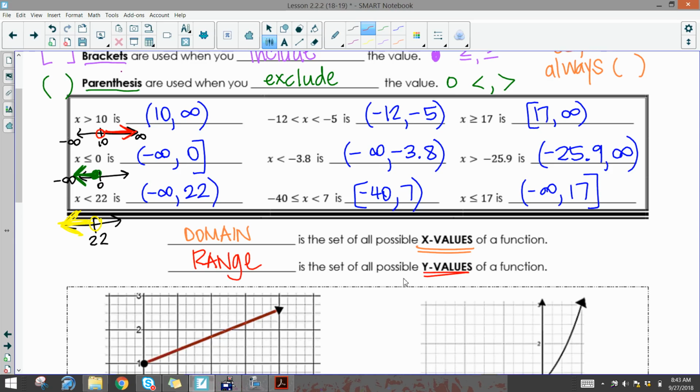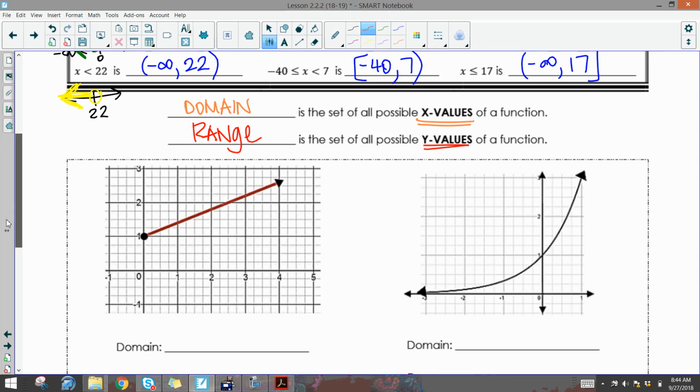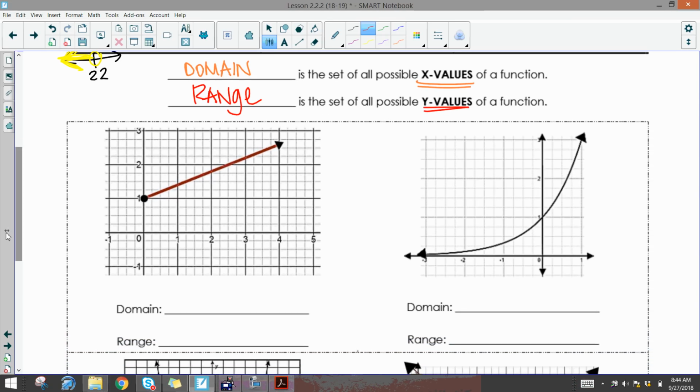Okay. So we're just going to take some time today to look at random graphs. These aren't necessarily quadratic, but we just want to focus on domain and range and understanding how to write domain and range for each graph in interval notation so that we can start using that with quadratics on a regular basis. This is something you'll see throughout the whole semester.